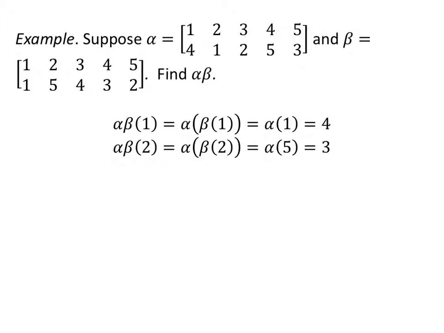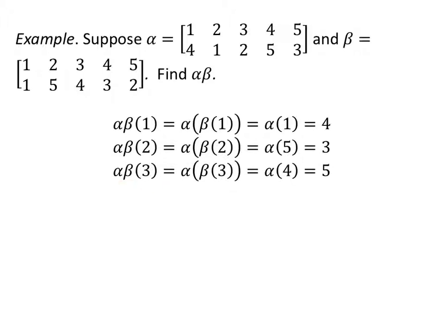Alpha of beta of 2. So we go to beta. 2 maps to 5. Beta of 2 is 5. So we replace beta of 2 by 5. And then we want alpha of 5. So up here is alpha. We look for 5. 5 maps to 3. So alpha beta of 2 is 3.